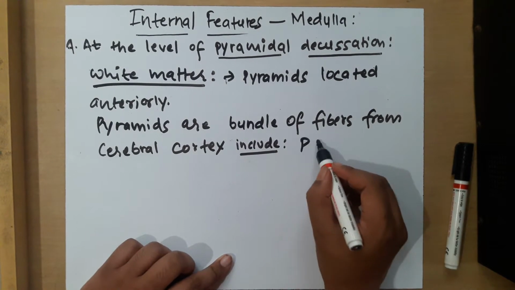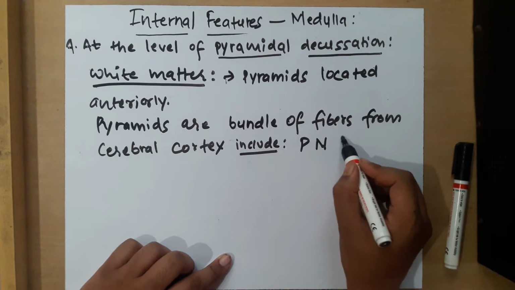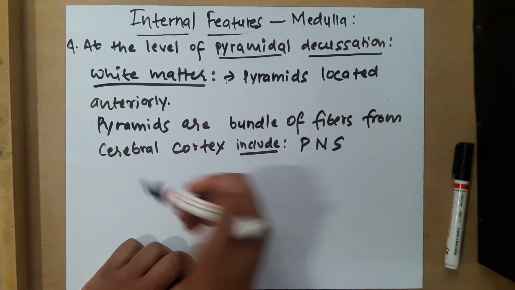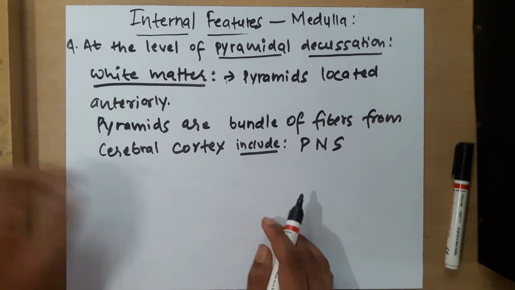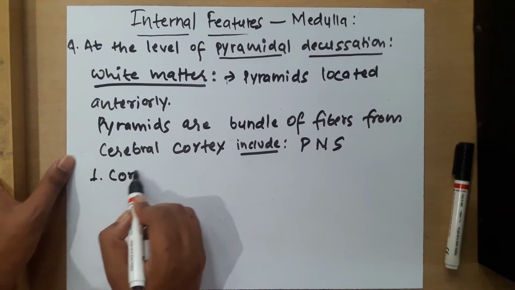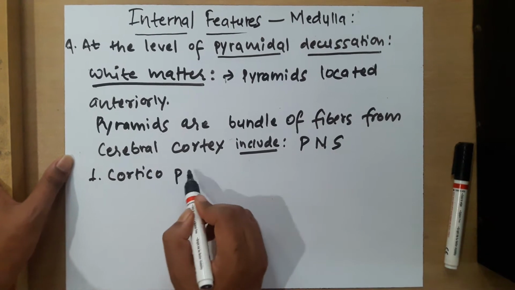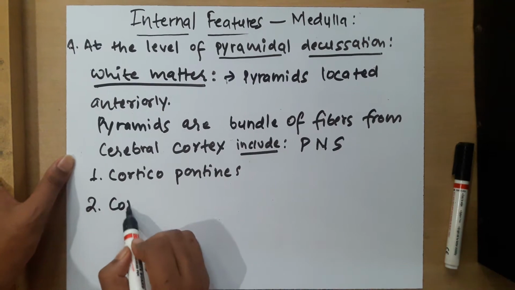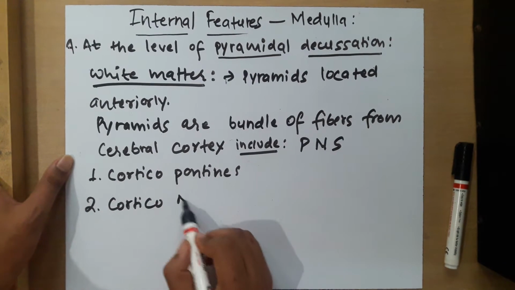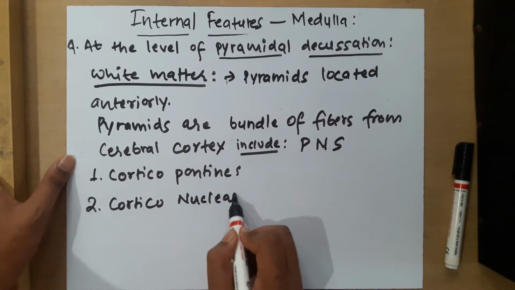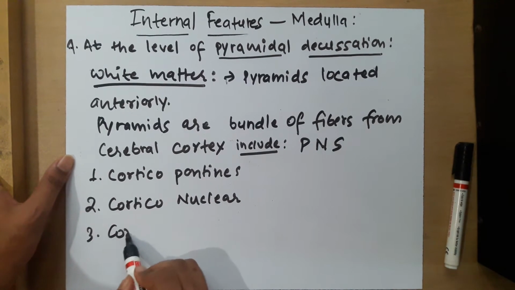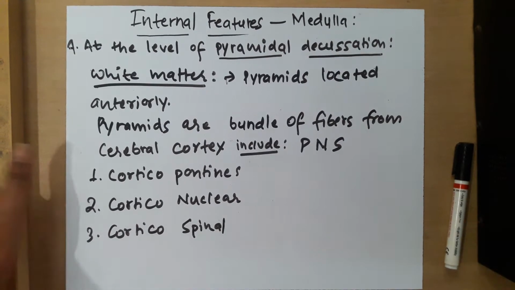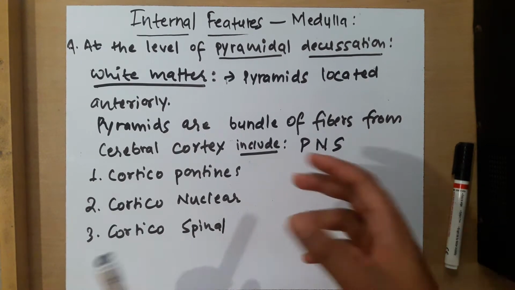You can remember PNS, and add cortico in front of them because they are coming from the cerebral cortex. So first one is corticopontine, corticonuclear, and corticospinal. So these are the fibers that comprise the pyramid.